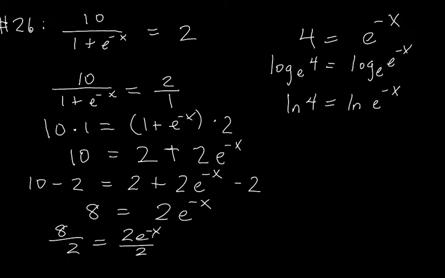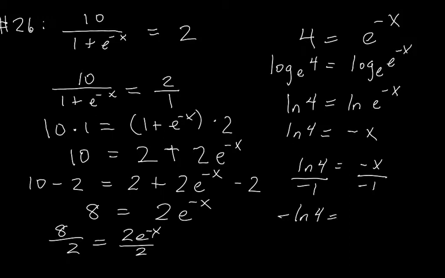And so again, by property 3, the base and the argument match, so what's left on this side is negative x. If we want to get x by itself, we need to divide by a negative 1, leaving x equals negative natural log 4.